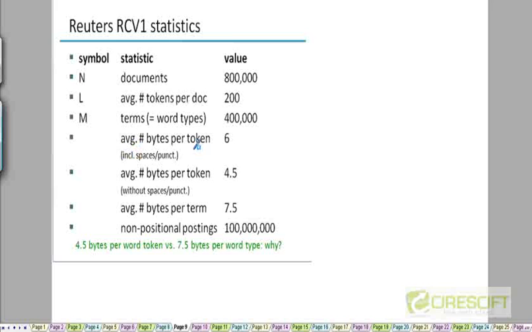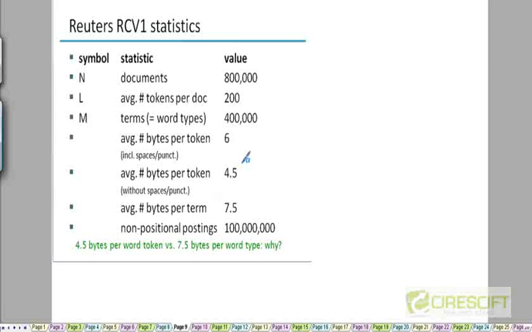And the average number of bytes taken up per word or per token in the document is about 6, which includes spaces and punctuation marks. If you ignore spaces and punctuation marks, it comes to about 4.5 bytes per word on average. But the average number of bytes per term is going to be about 7.5.